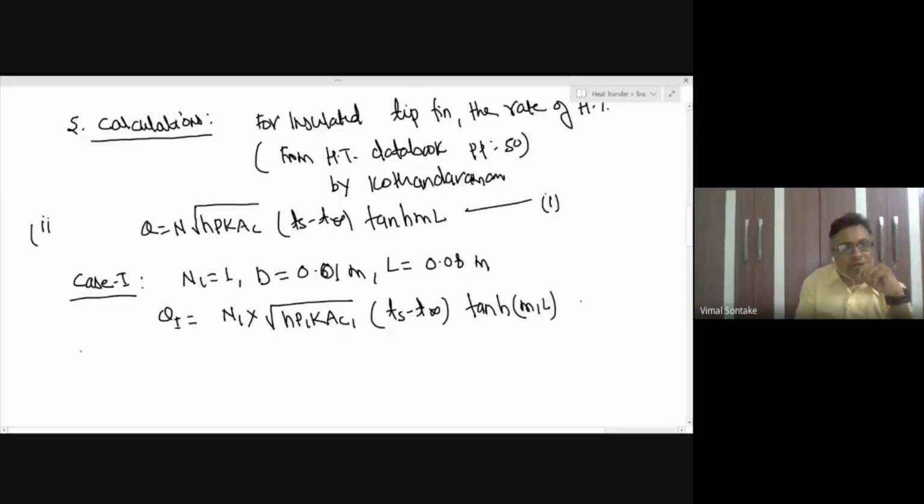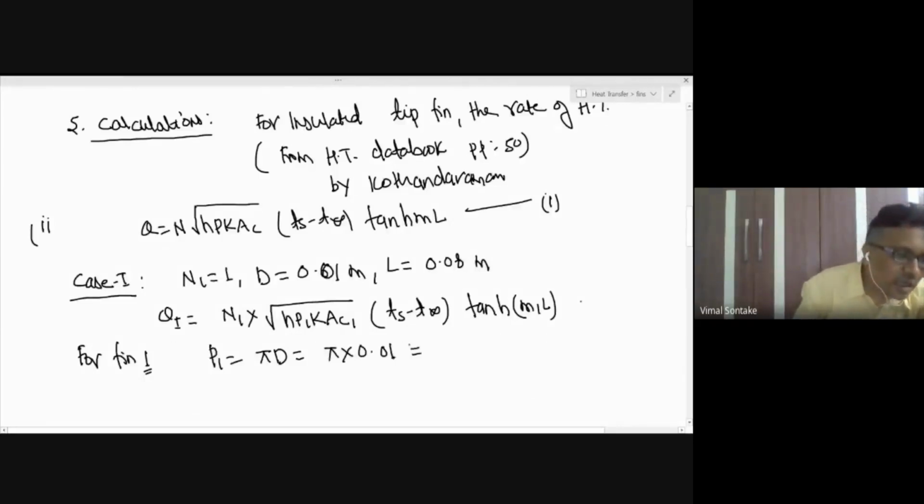So let us calculate for pin 1. Perimeter will be what? Pi into D, because it is a pin fin. So pi into 0.01. Tell me what will be this value. I don't have the value. Please tell me this value.